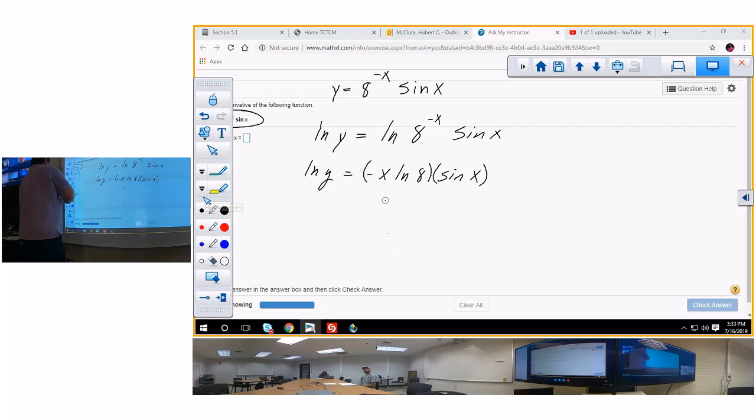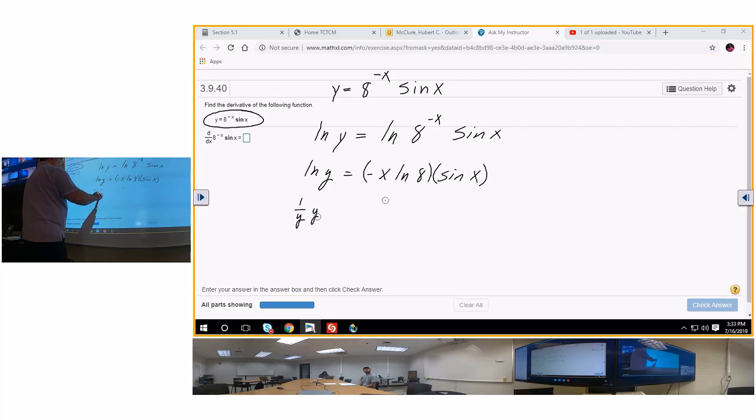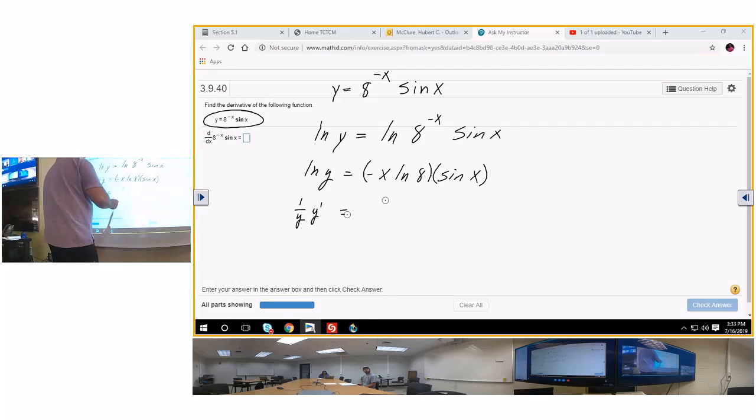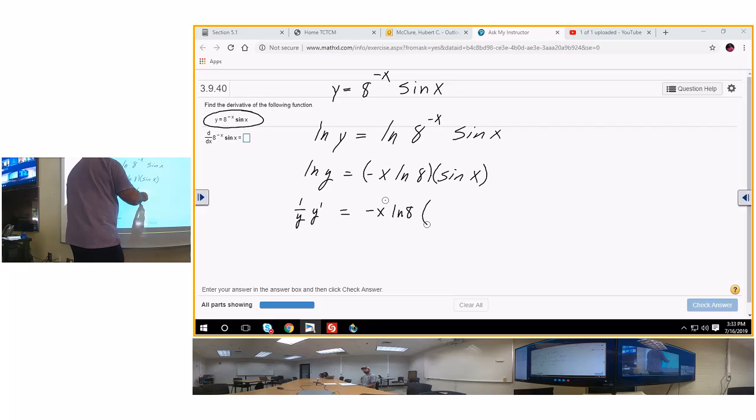But anyway, first, it's going to be 1 over y times y prime is equal to first times the derivative of the second. What's the derivative of cosine? Forget it.